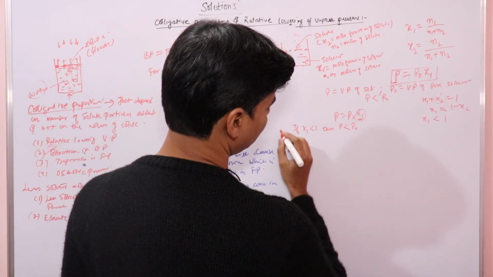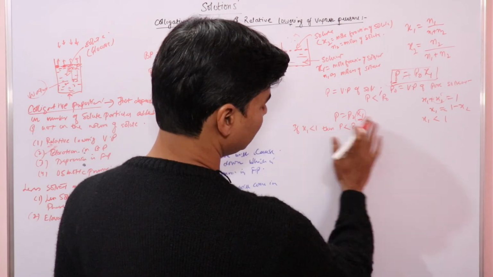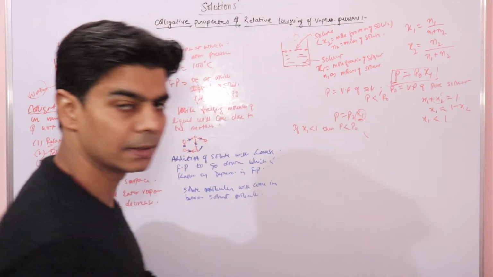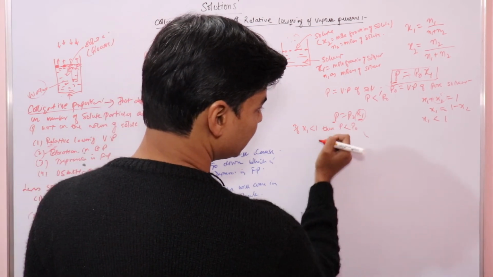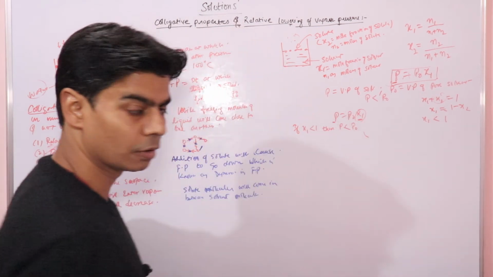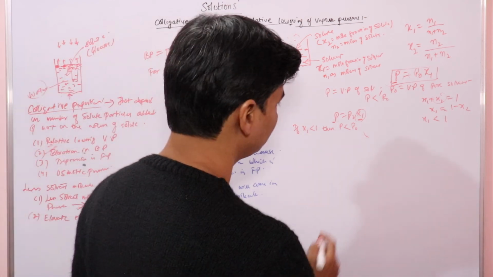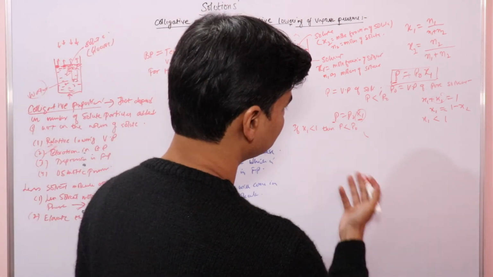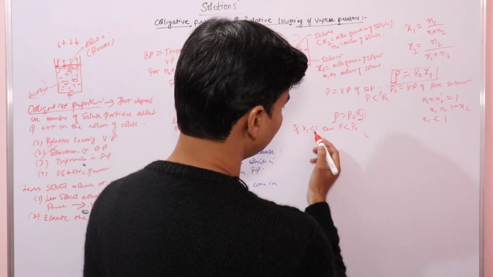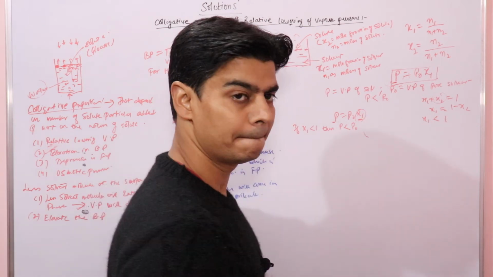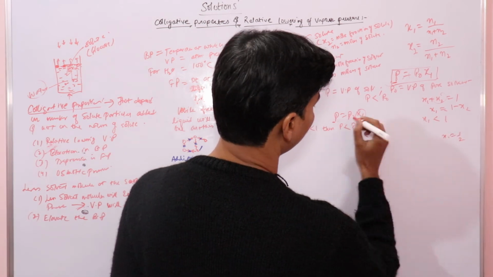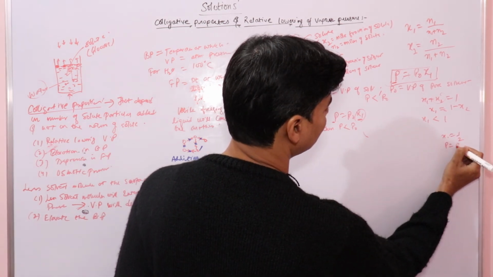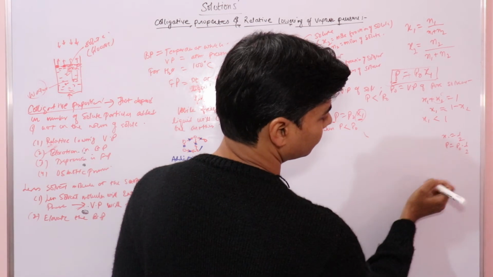So we have also seen this mathematically, that P, the vapor pressure of solution, is less than P0, the vapor pressure of pure solvent. If you want to take an example, suppose x1 is equal to half. If I put the value of x1 here, P is P0 times half.